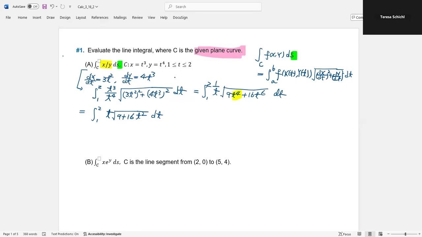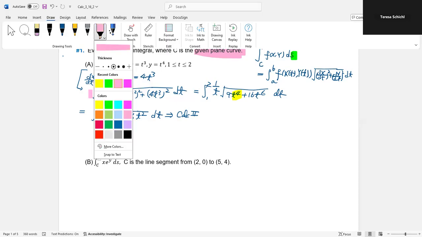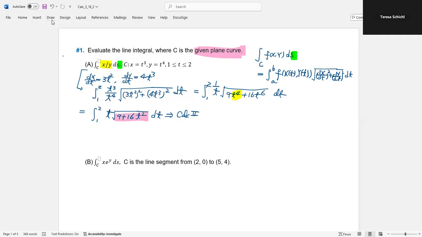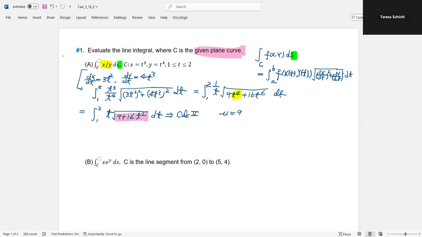Then this integration becomes pretty easy, back to Calculus 2. You know how to do this simple one variable integration. A simple u substitution would take care of it: let u equal 9 plus 16t squared, and then substitute back.